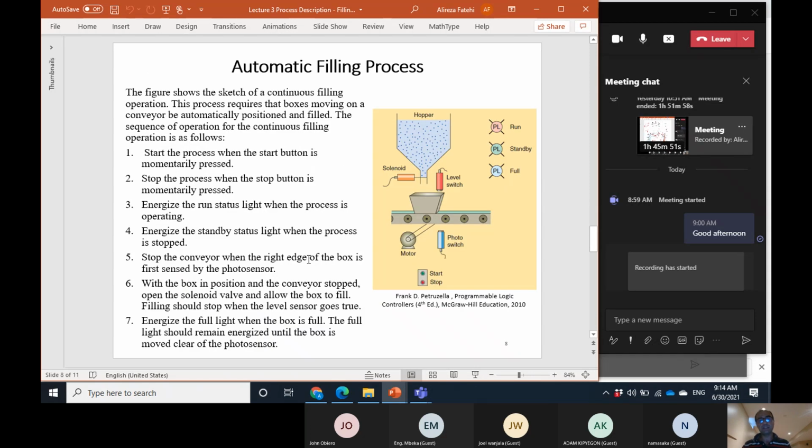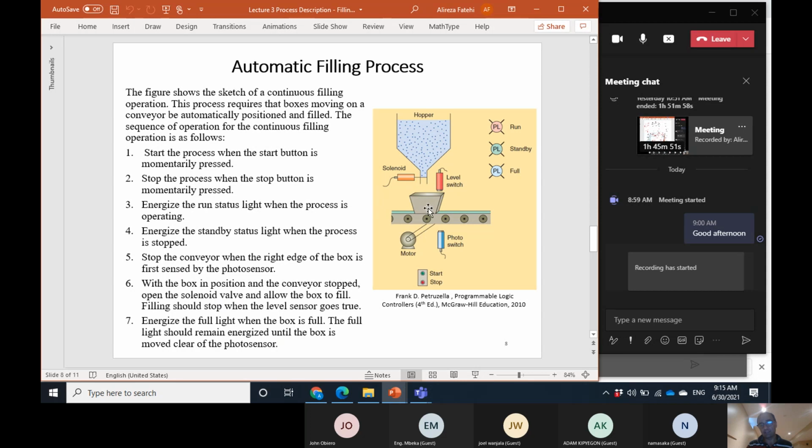Okay, then we started this automatic filling process. There is a conveyor and a hopper here. The conveyor transfers a box under the hopper, and how can we understand that it is under the hopper? By this photo switch.